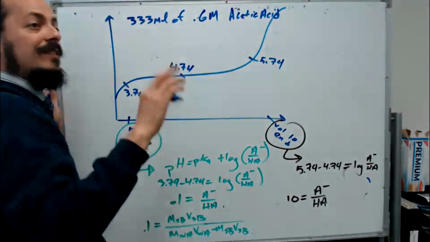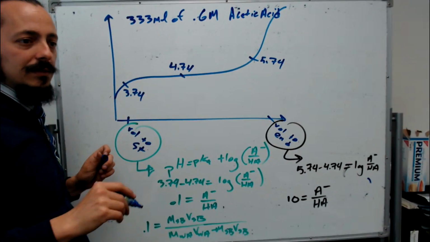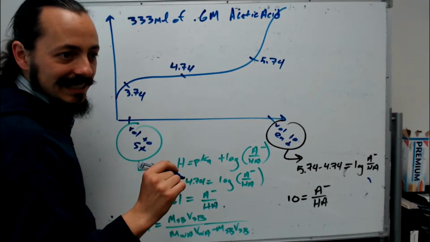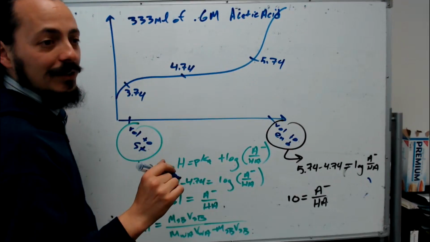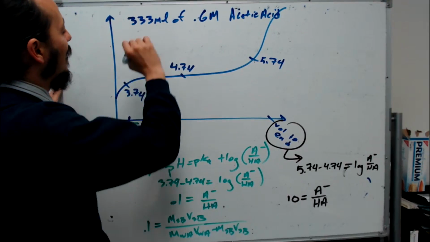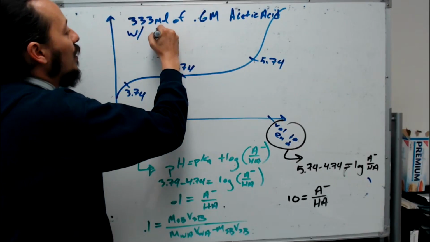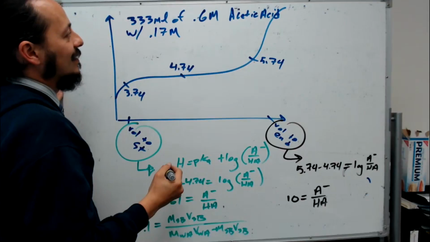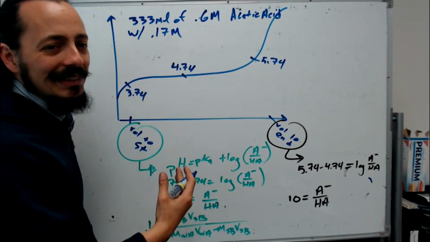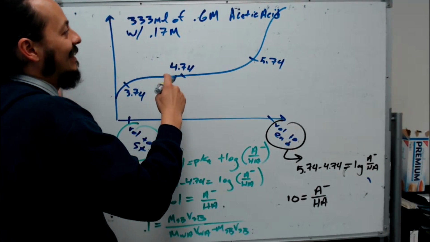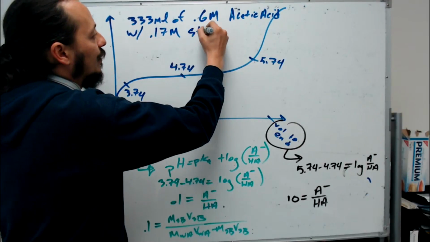And then I need one more favorite number. 17. Wait, 17? We can do 0.17? Yeah, it's just going to make the numbers really weird, but let's do it. With 0.17 molar, something close to 0.6, but let's just go with this. With 0.17 molar strong base.